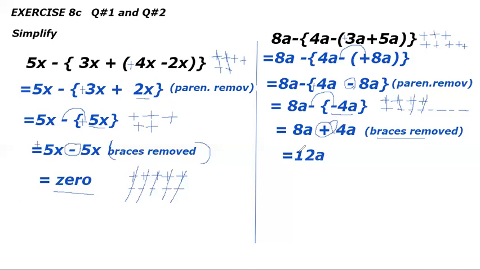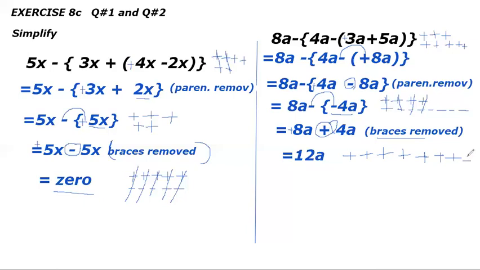In the next step, 8a plus 4a gives 12a. 8a means positive 8a. Now we will put positive 8 signs, 1, 2, 3, 4, 5, 6, 7, and 8.